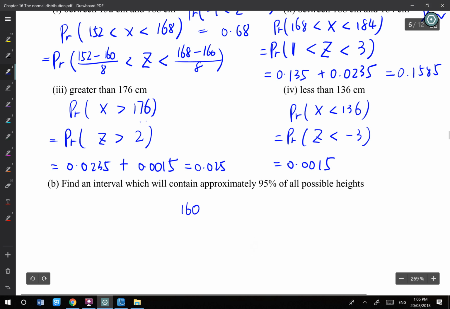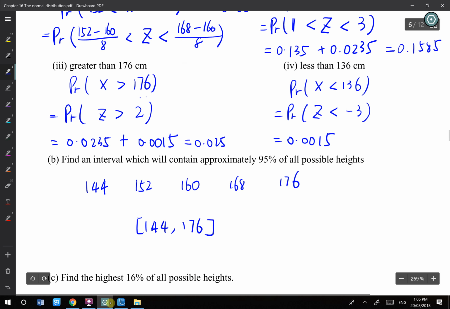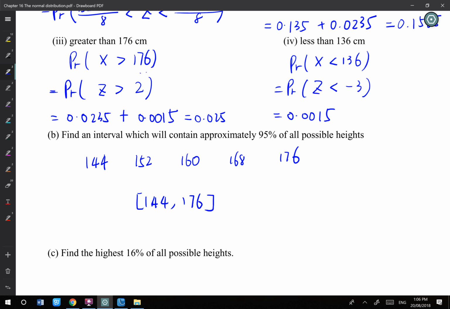So 160 is the mean, 168 is 1 standard deviation, 176 is 2 standard deviations, minus 8 is 152, minus 8 is 144. Okay, so our answer is in between 144 to 176, that covers about 95% of the heights. Approximately 95% of possible heights. Okay.